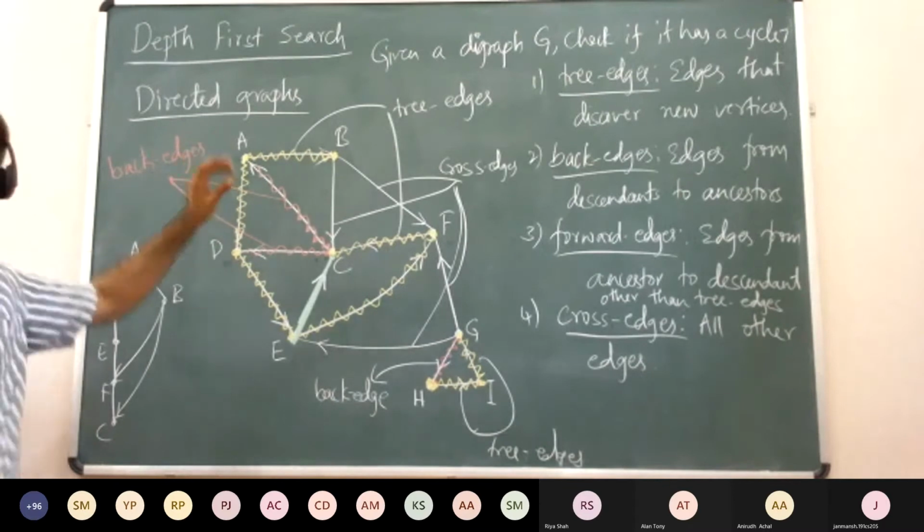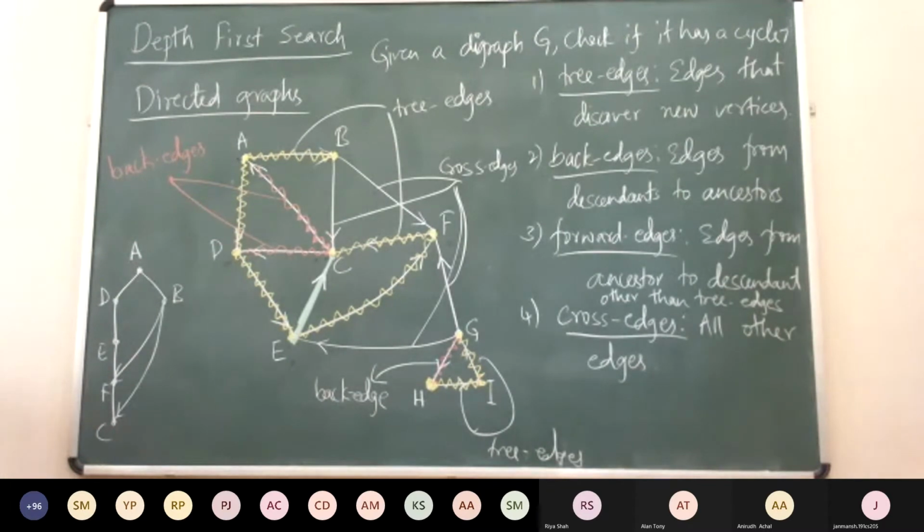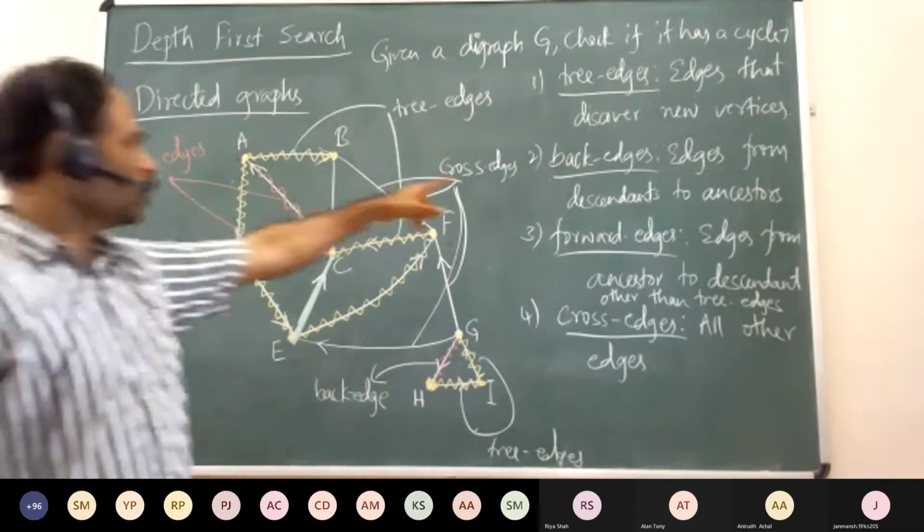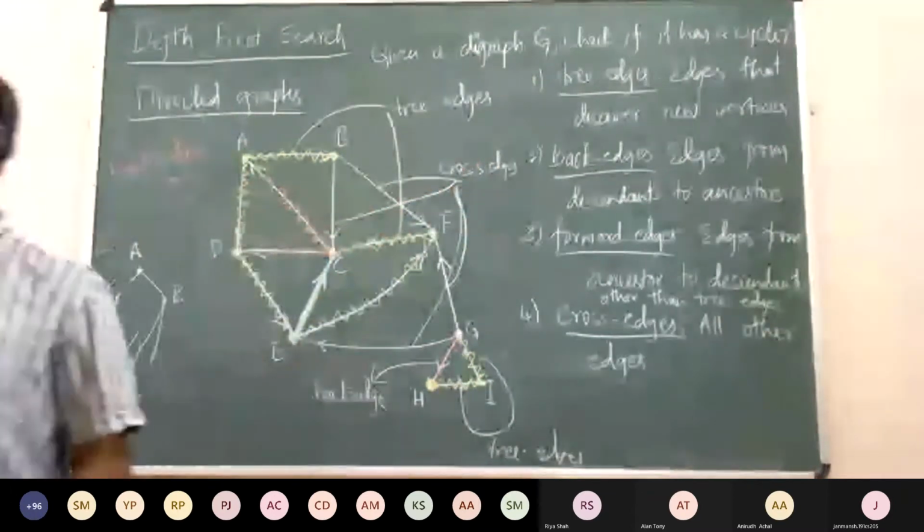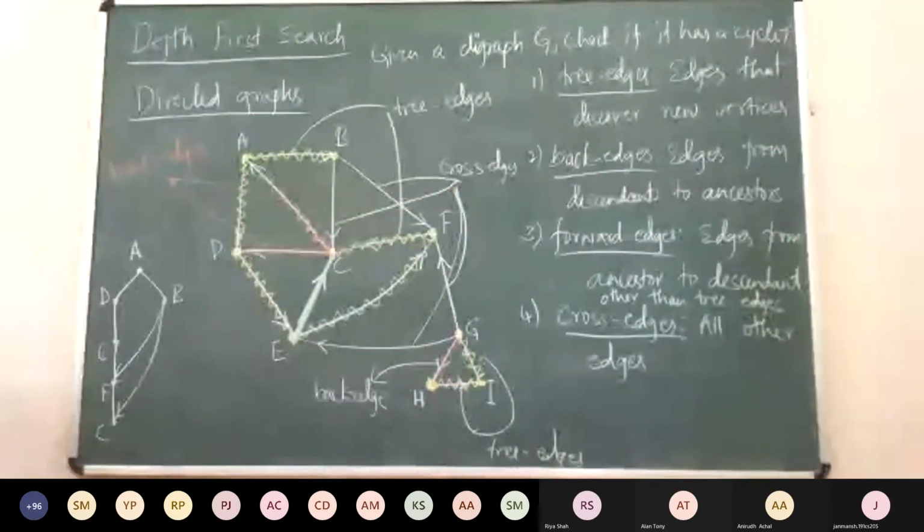If you consider the undirected graph in this manner, notice that every edge in the undirected graph is a back edge, right? So every non-tree edge is a back edge in that sense. There are no forward edges there. Every forward edge becomes a back edge. Even every cross edge becomes either a tree edge or a back edge in an undirected graph.